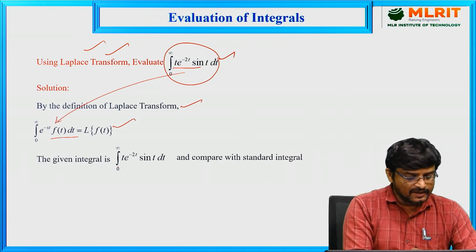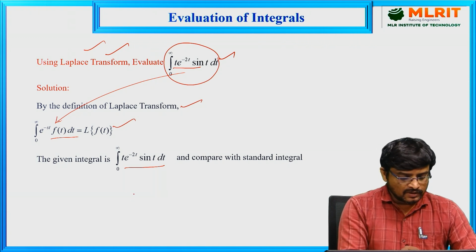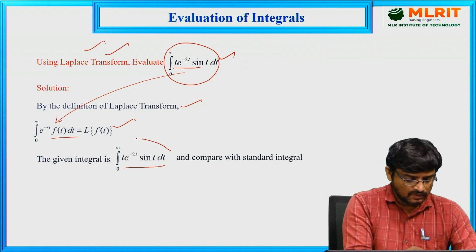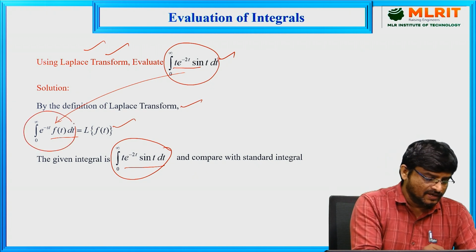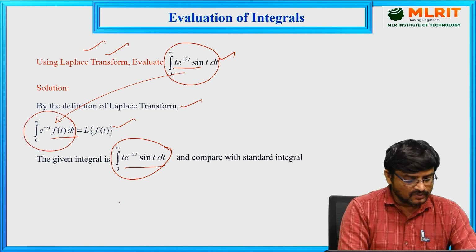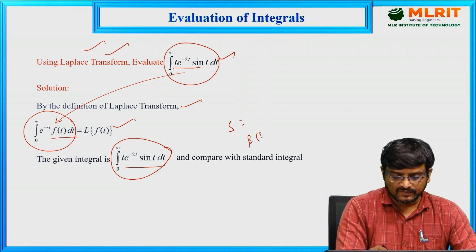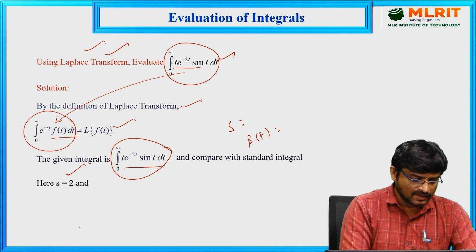The given integral in the problem is the integral from 0 to infinity of t into e power minus 2t into sin t dt. Compare this integral with the standard integral and get the value of s and f of t. By comparing, you will get s equal to 2.